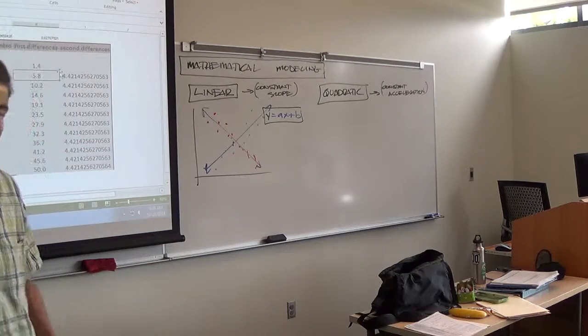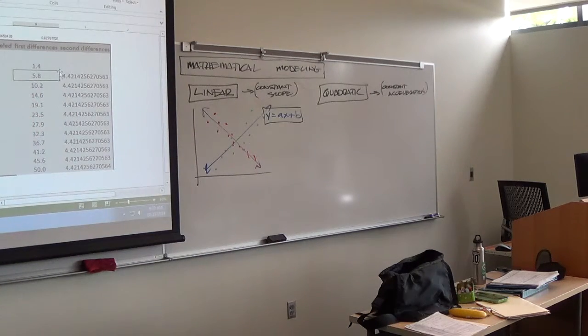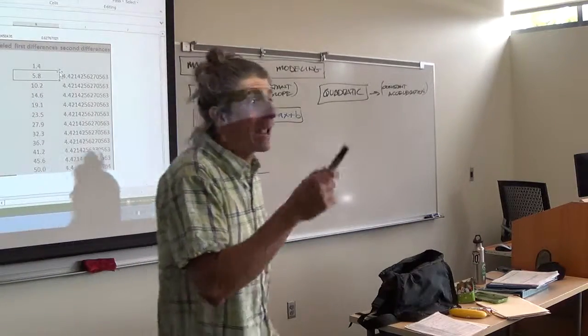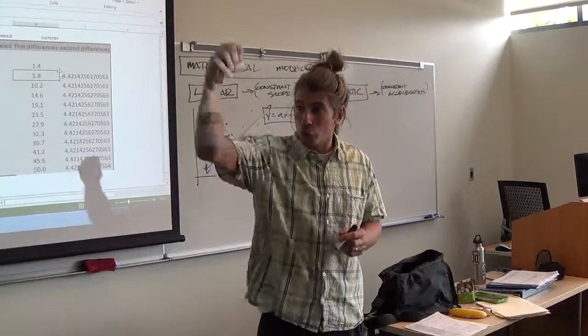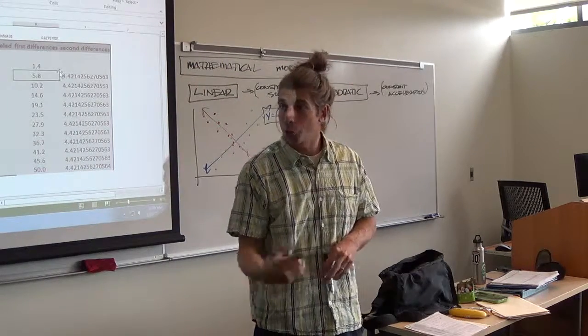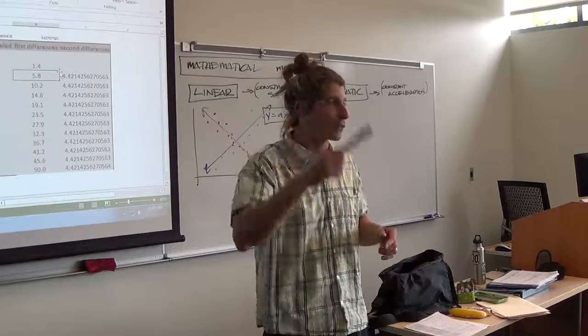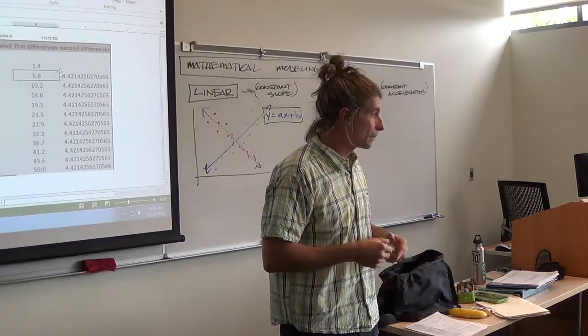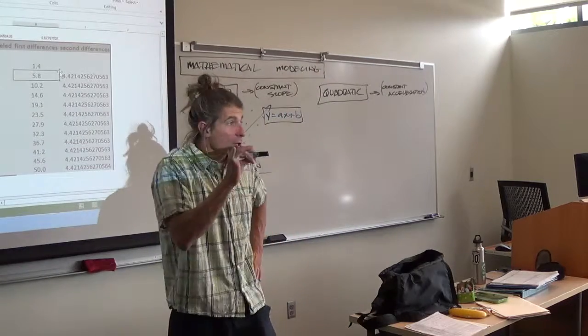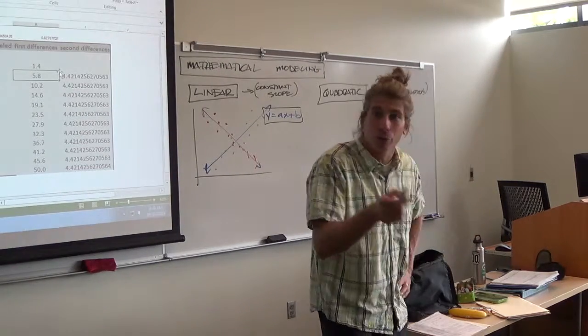Some of it's pretty sketchy. I love that dude though. But you can also tell how high a cliff is if you drop a rock and time how long it takes to hit the ground. You can reverse engineer the height of the cliff. I have a quiz for you guys that teaches you how to do that. Totally badass. But it's about quadratic, because that rock accelerates due to the force of gravity.